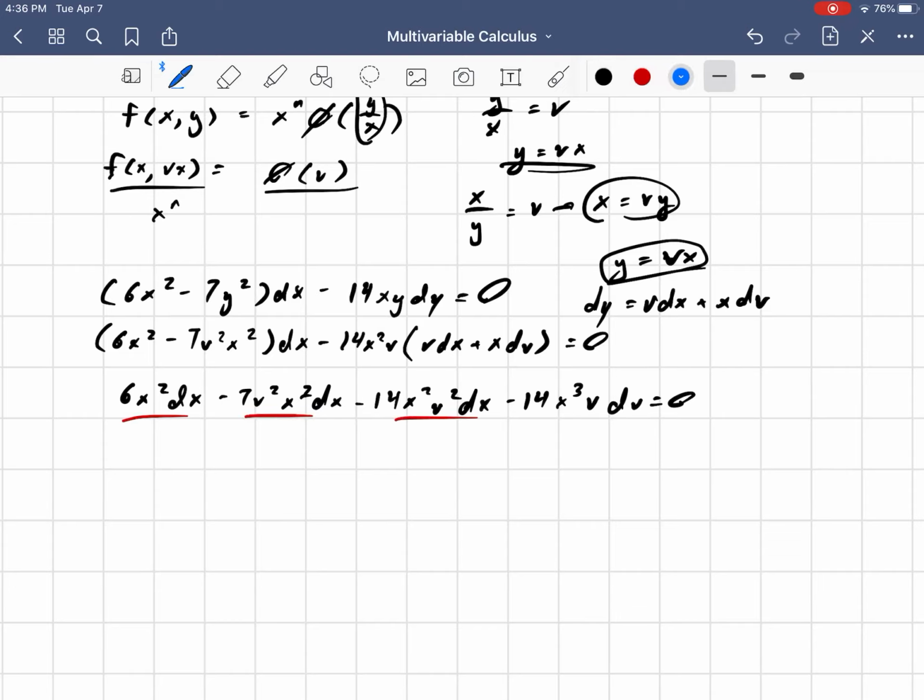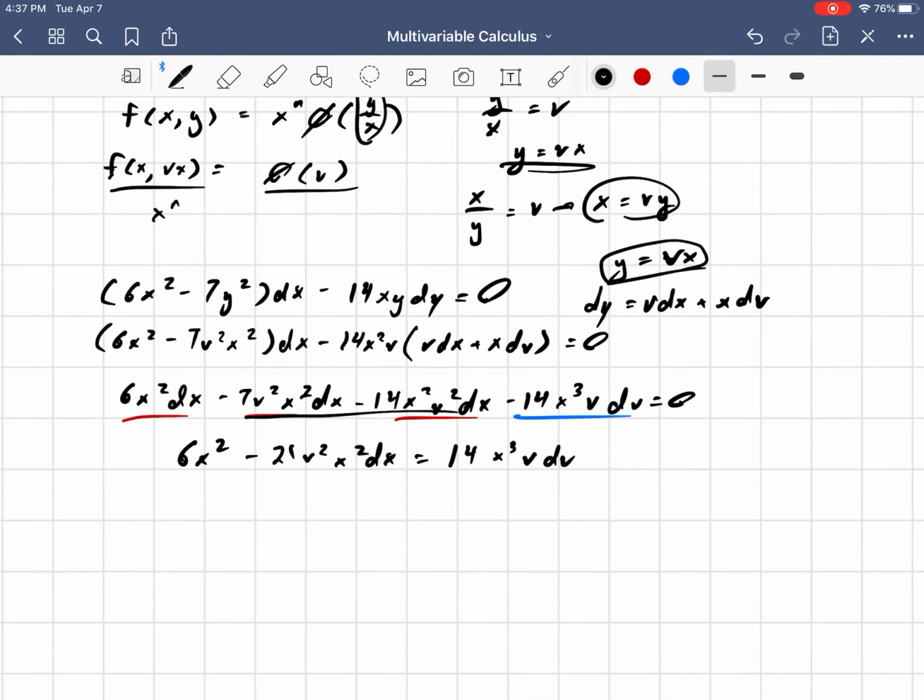So this is a dx, a dx, a dx, and that's a dv. That's how I always go about it anyways. So 6x squared, these are similar, so this is minus 21 v squared x squared dx, and that's equal to 14x cubed v dv.